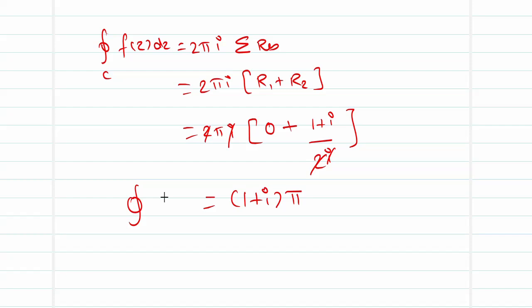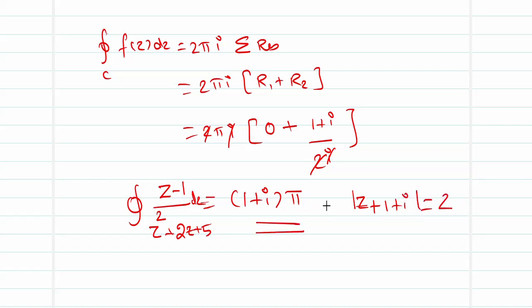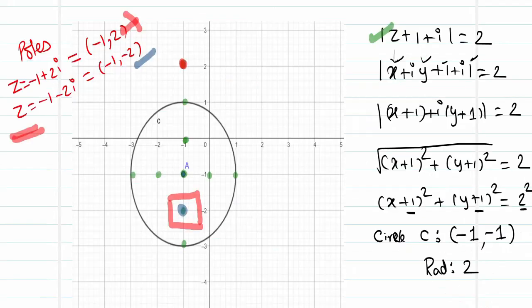So the evaluation of the integral z minus 1 divided by z square plus 2z plus 5 dz in the boundary modulus of z plus 1 plus i equal to 2 is given as 1 plus i times pi. So this completes our second subdivision.